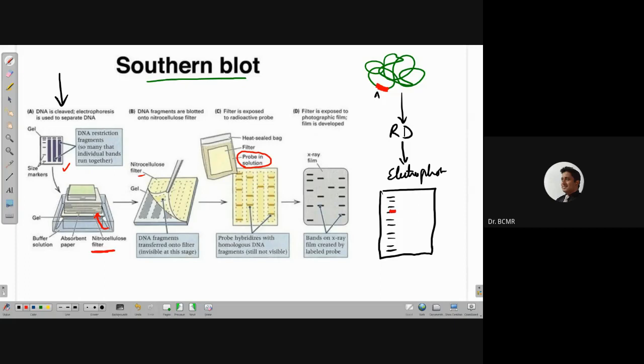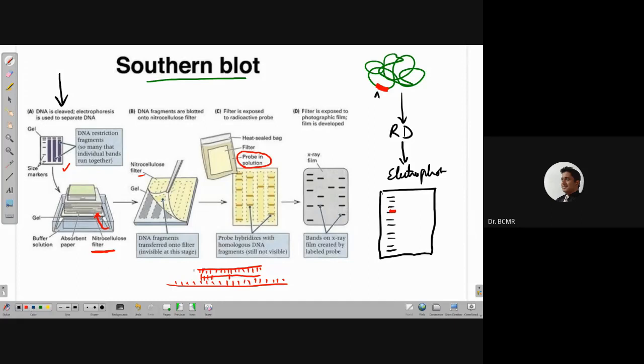So assume a probe. What is a probe? First thing is, a probe is a nucleotide. Here in this case it is a nucleotide that is complementary to the sequence that we are looking for. So it should have an exact match, or a majority match, so there should be homology between the probe and the target.